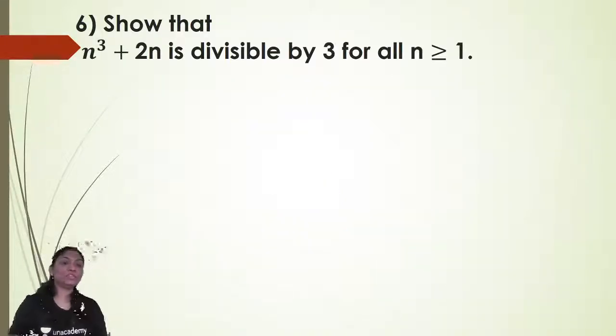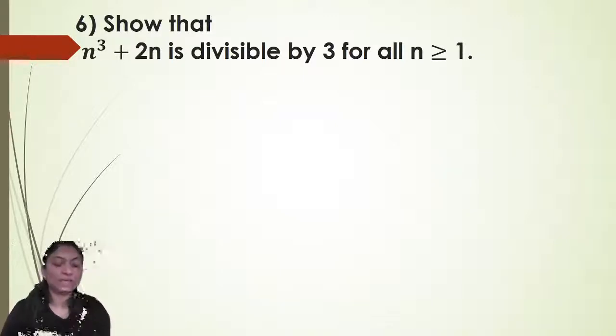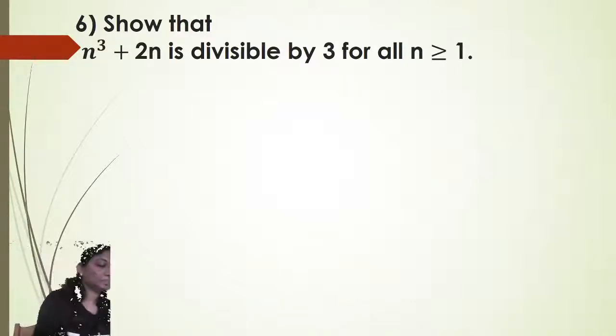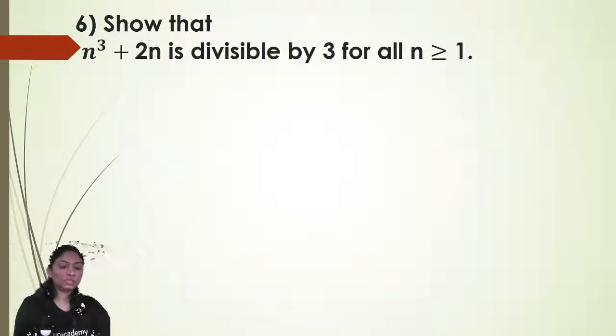So that n cube plus 2n is divisible by 3 for all n greater than or equal to 1. Now, this is a different type, you can see here.